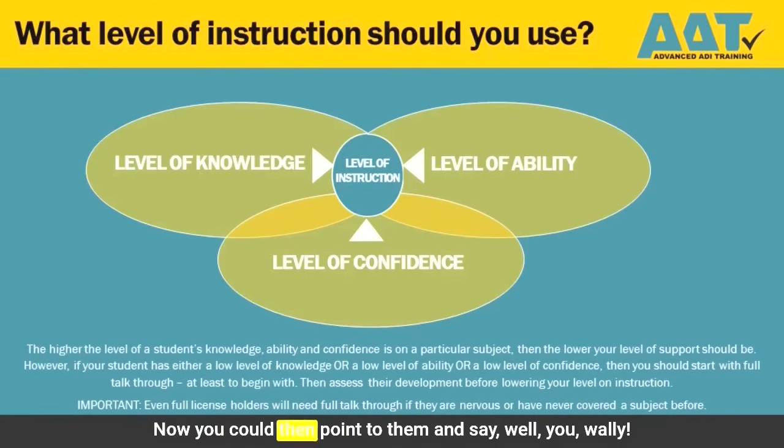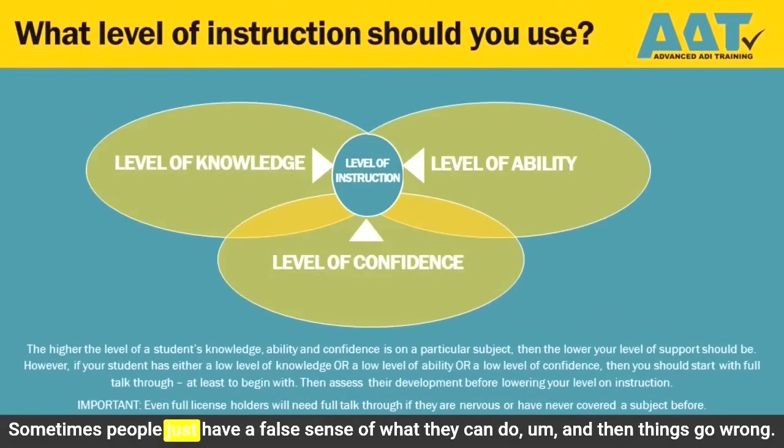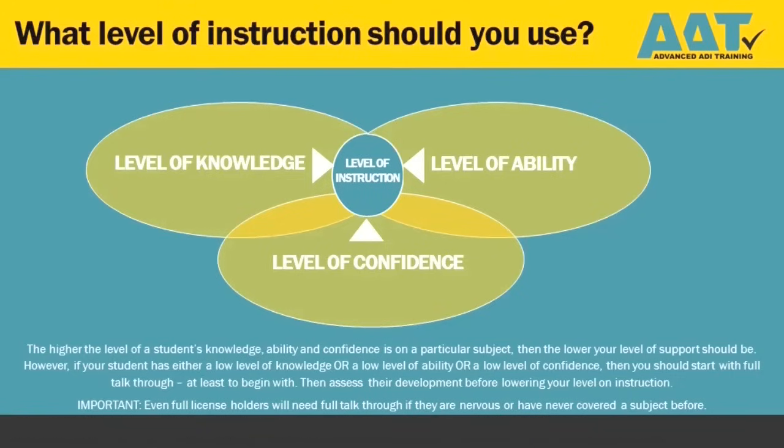Now, you could then point to them and say, well, you told me you were a lot better than clearly you are. Why did you tell me that? Well, that's what people do sometimes. They wouldn't necessarily have deliberately tried to mislead you. Sometimes people just have a false sense of what they can do. And then things go wrong.